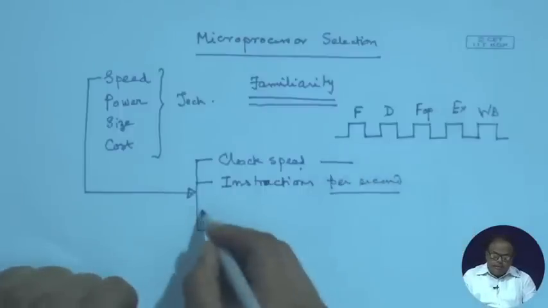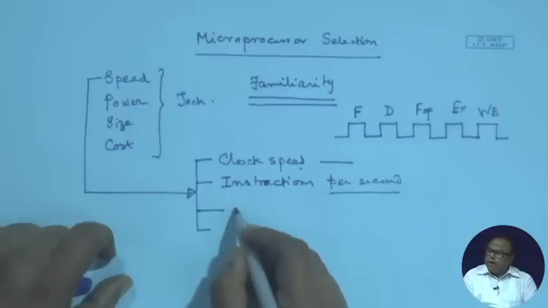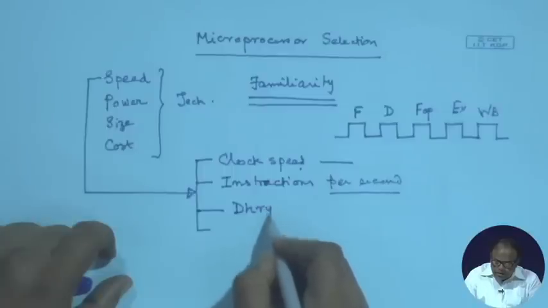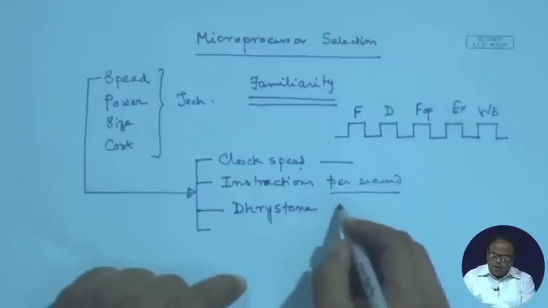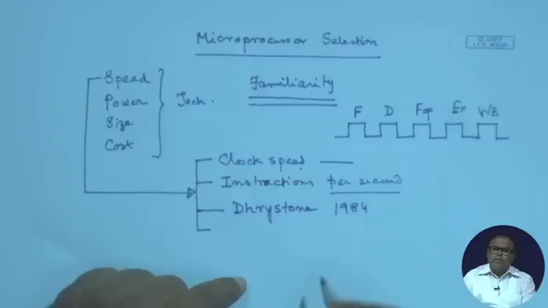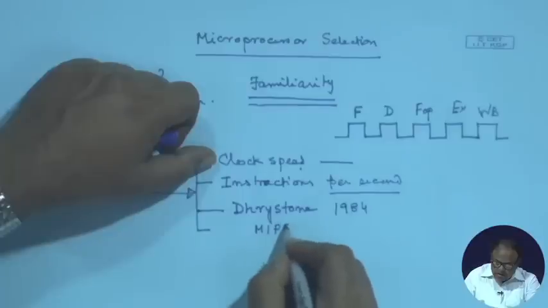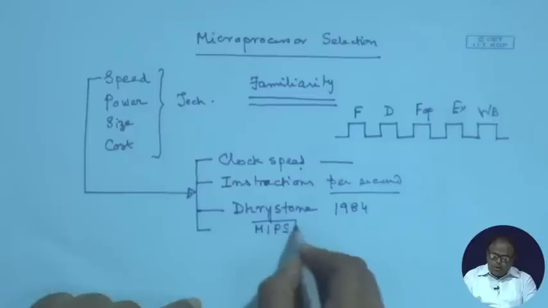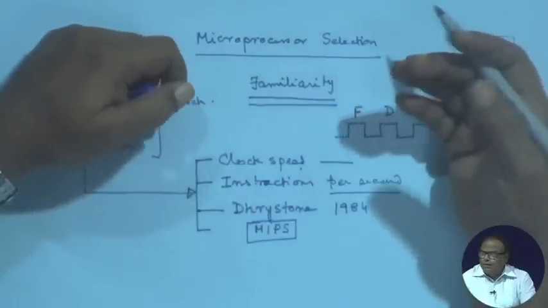Therefore, we have got different benchmarks to see how the microprocessors perform. For example, just for reference, the Dhrystone benchmark is a very popular synthetic benchmark that was developed in 1984. It talks about MIPS, million instructions per second, and the MIPS architecture is also another architecture in the paradigm of RISC machines.